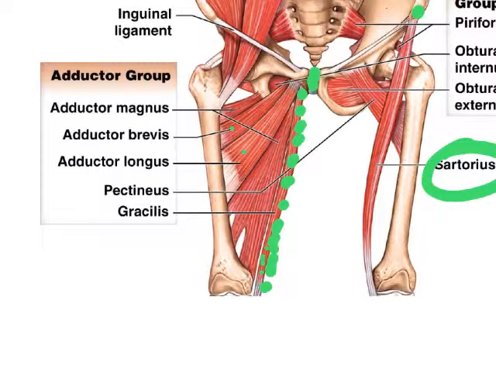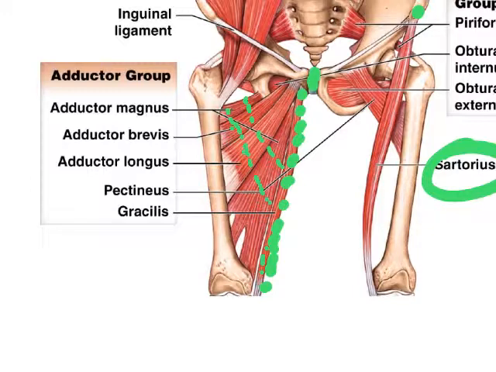So adductor magnus goes from here all the way through to here. It's just that in the picture, adductor brevis and longus are lying on top of it, so you can't see how broad the muscle is. So this is how you're going to remember these muscles: adductor magnus is the huge one, the really big, broad one that goes from top to bottom.